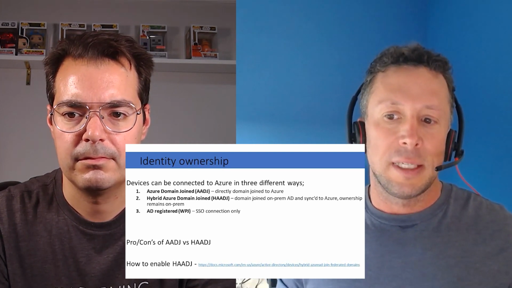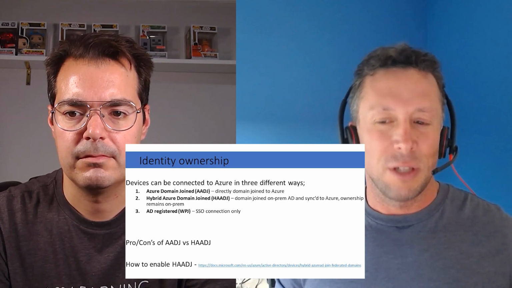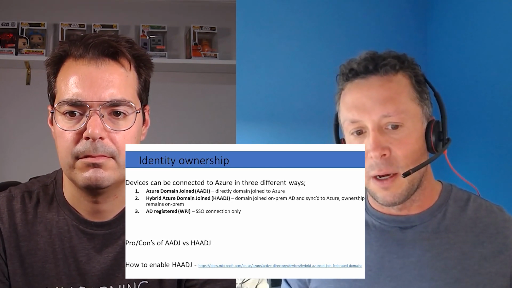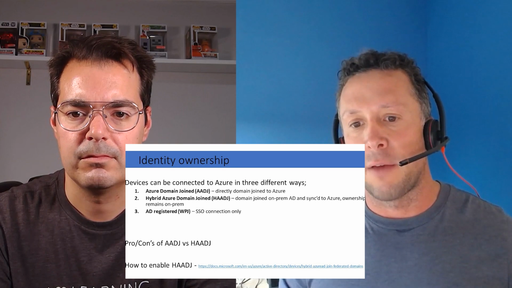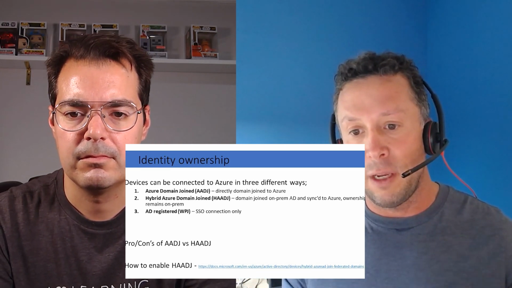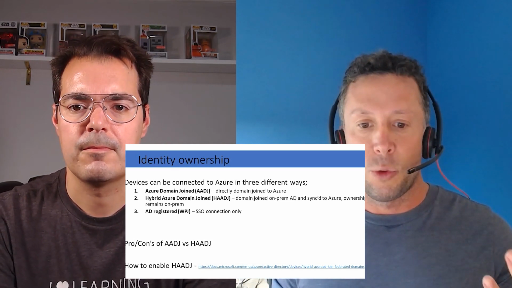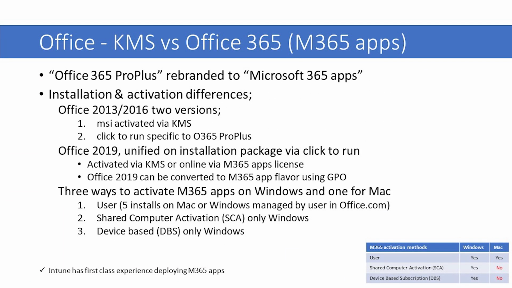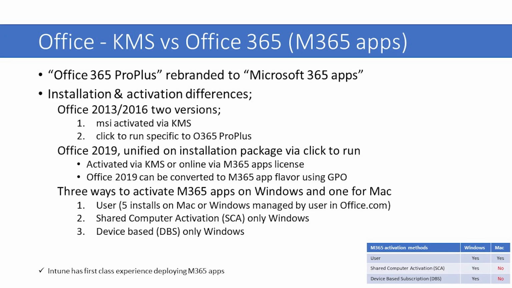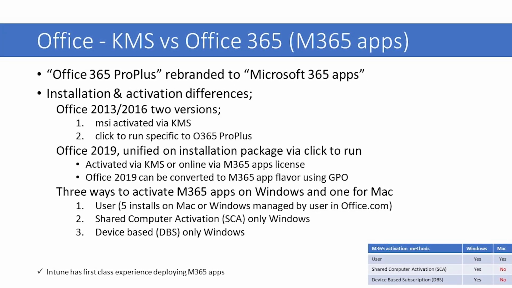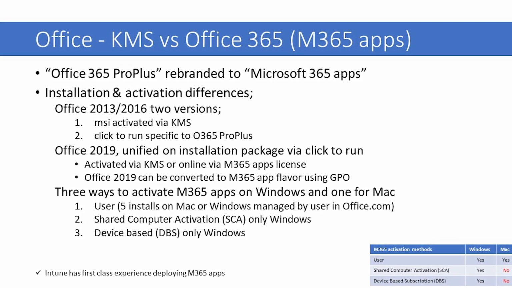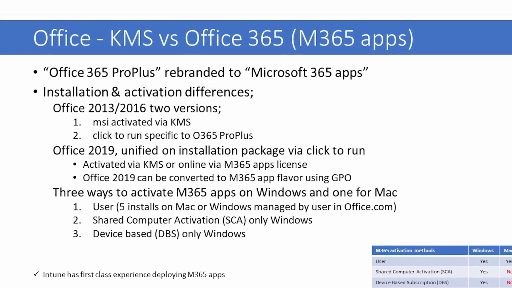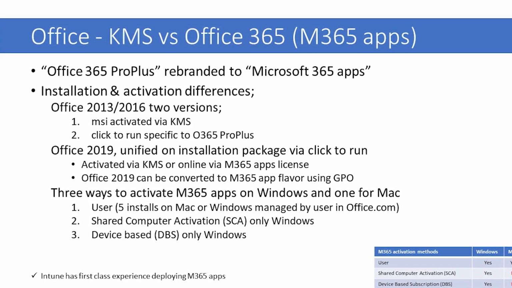That's number one. The second part is that there's a lot of confusion around Office, aka M365 Apps, and that there are 2 flavors. There's Office 2013, 2016, 2019 that's activated via KMS. That is a different version of Office than Office 365, aka M365 Apps, which is licensed via just that A3 license.